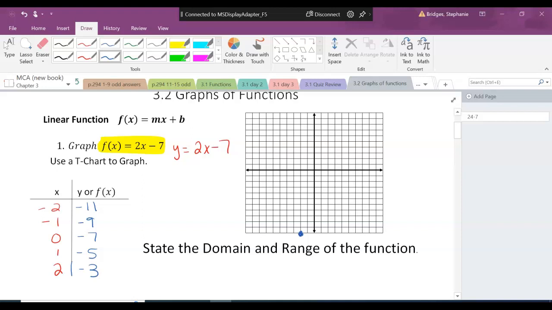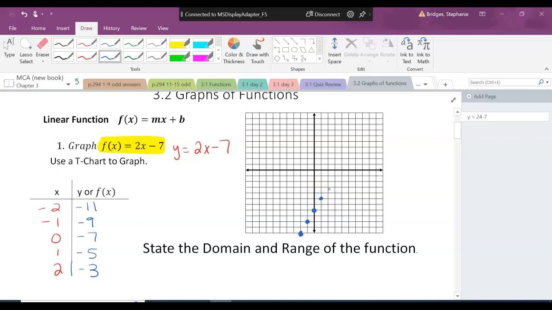And then we're going to graph the ordered pair -1, -9. And then we're going to graph the point 0, -7. And then we're going to graph the point 1, -5.